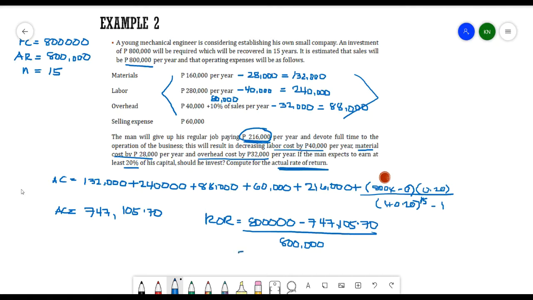Calculating this, you'll get the result of 0.0661, and that is multiplied by 100%. So basically, our rate of return is equivalent to 6.60%. But again, the man is expecting to have at least 20%. As you can see, the rate of return is very low. So meaning to say, this investment is not a good or desirable investment.